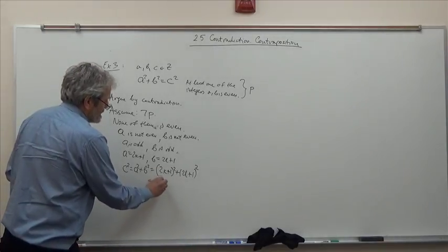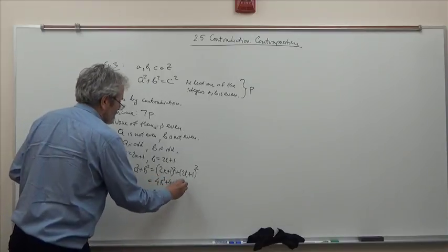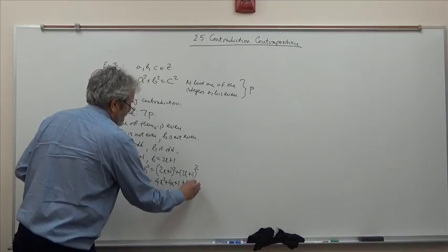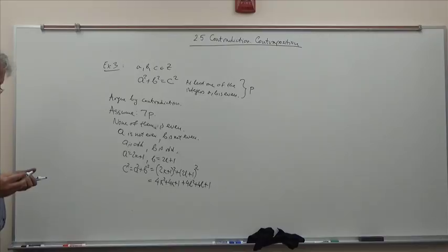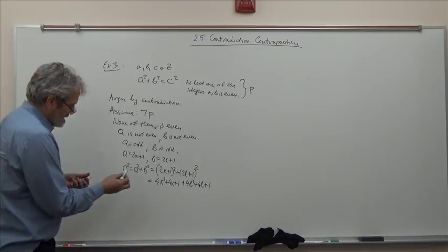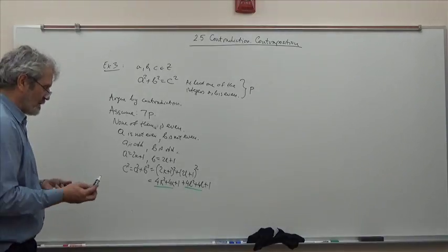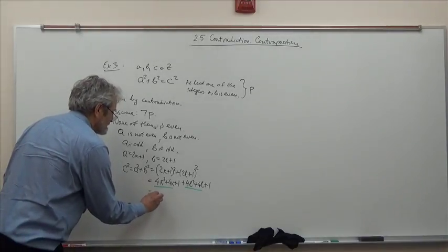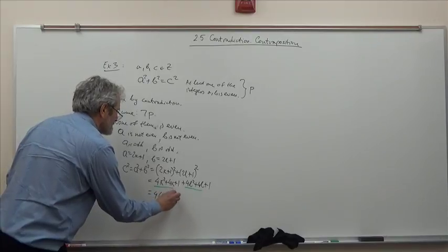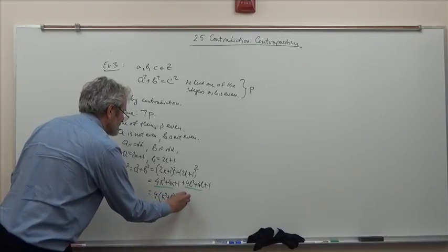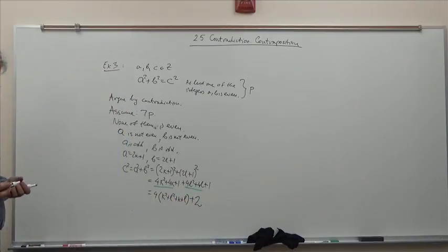Algebra: 4k squared plus 4k plus 1 plus 4l squared plus 4l plus 1. And then I join expressions that all have 4 and pull out 4. We get 4 times k squared plus l squared plus k plus l plus 2.